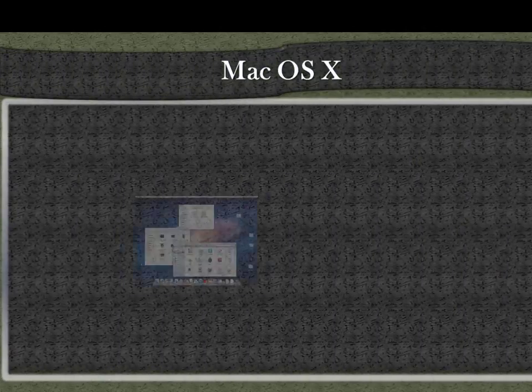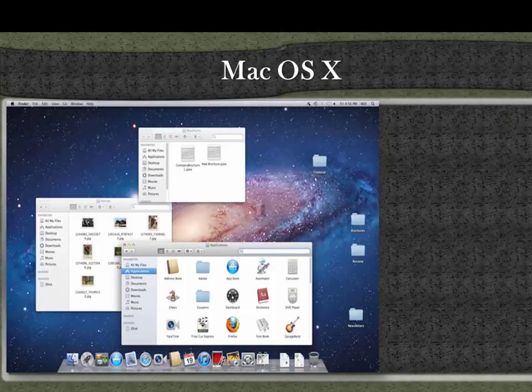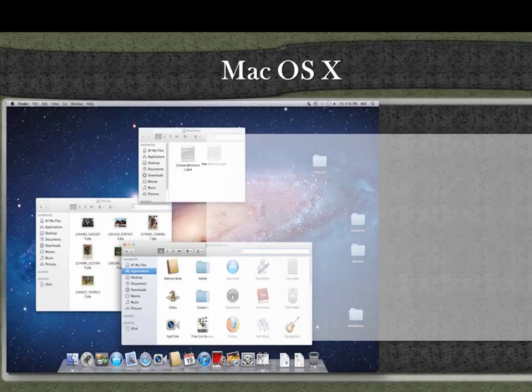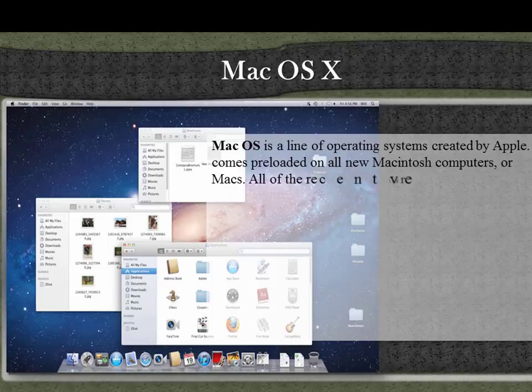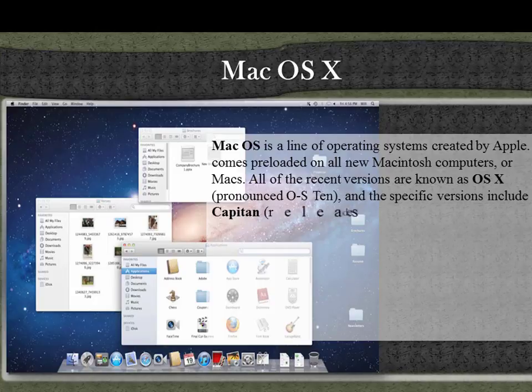The other operating system, we call it Mac OS X. That's the feel and the look of Mac OS X again. It is a line of operating systems created by Apple. So remember, these are just programs which are programmed by people.